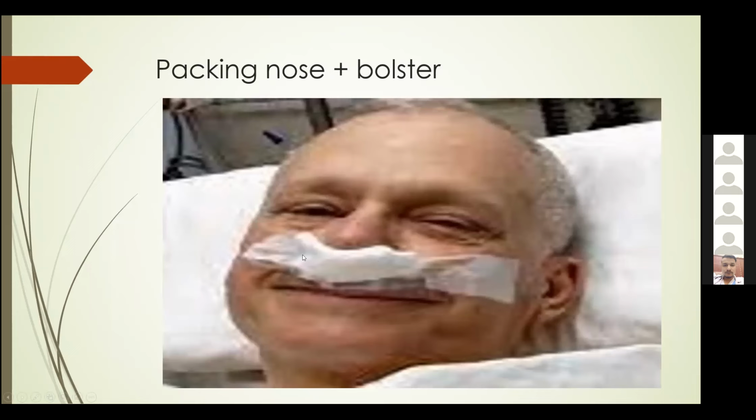It allows you to assess, while this patient is waiting to be transported to Doncaster, whether the bleeding has actually stopped because of the application of this nasal packing or Rapid Rhino. So with that bolster, you keep checking after some time to see if it is dripping or seeping through, and that will help you to assess.